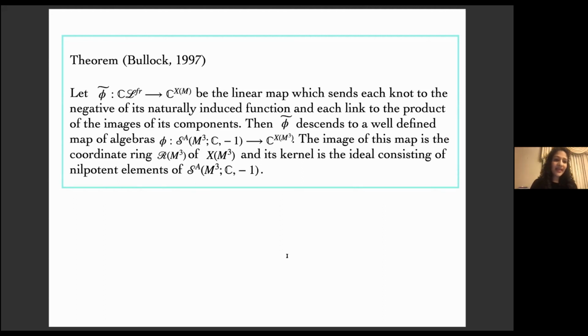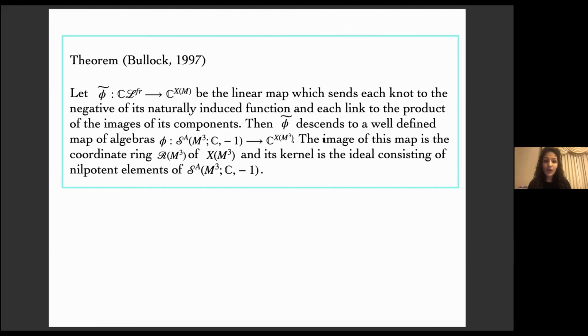He stated that if we have a linear map phi tilde from CLFR, the formal linear combinations of unoriented framed links with coefficients being complex numbers, into this algebra of functions, and this linear map sends each knot to the negative of its naturally induced function, and each link to the product of the images of its components, then this linear map phi tilde descends to a map of algebras phi from the Kauffman bracket skein algebra of the three manifold over C, with A equal to -1, to this algebra of functions.